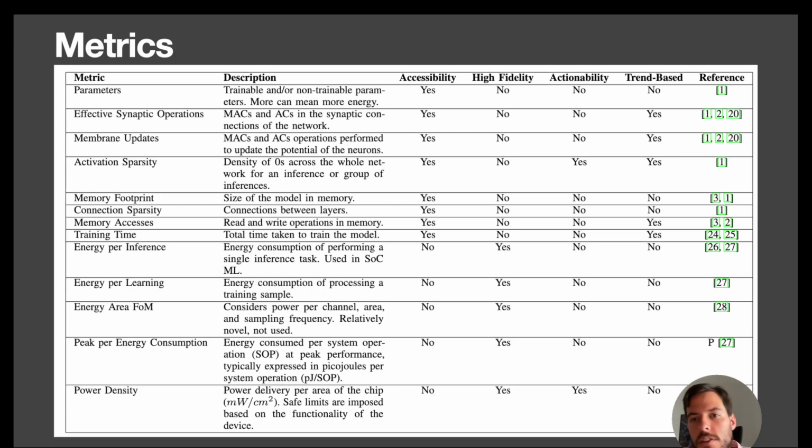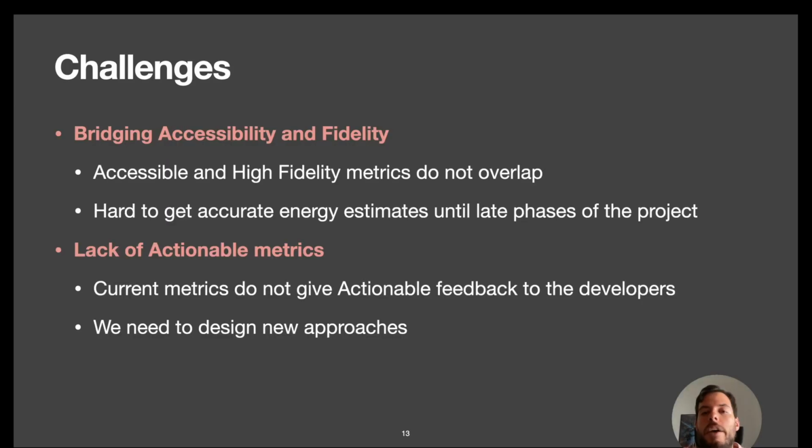So this table is a summary of all the metrics we presented. As you can see in the first column, accessibility, and the second, high fidelity, we see this gap between the accessible metrics and those that are accurate about energy consumption. From this review and this table, we identify 2 main challenges. One is bridging this accessibility and fidelity.